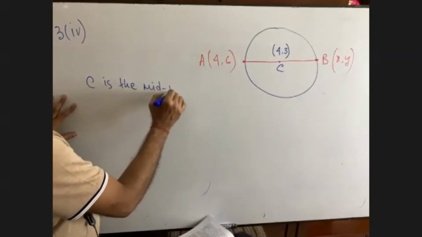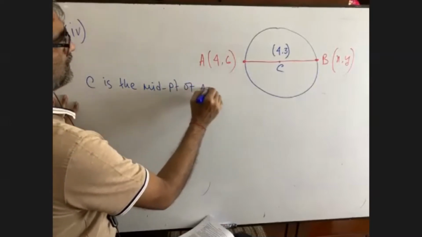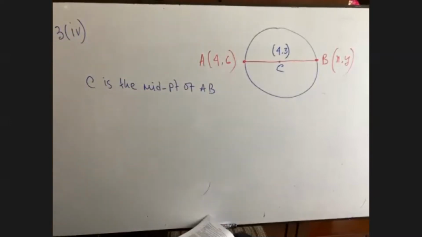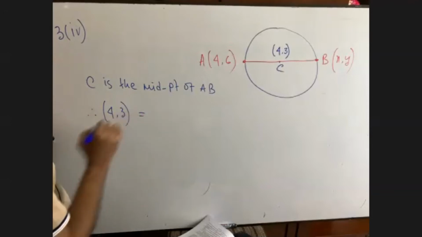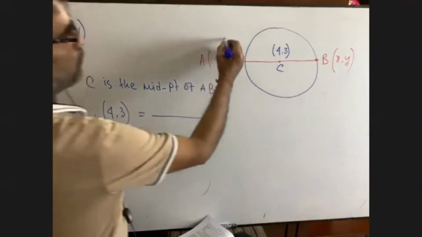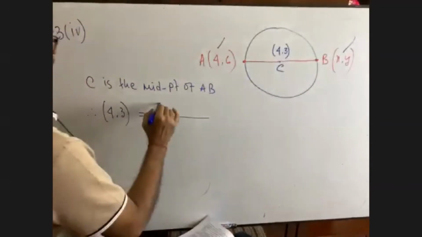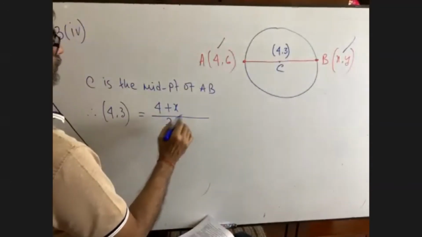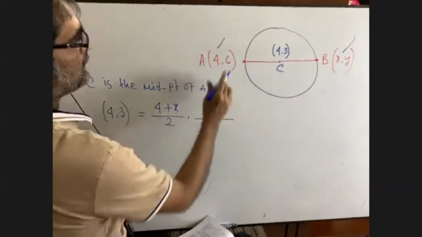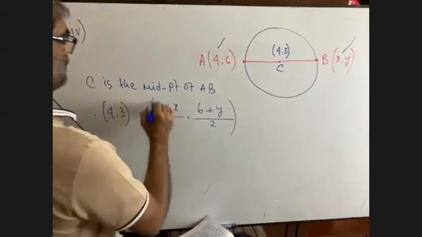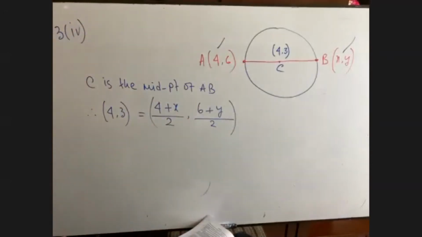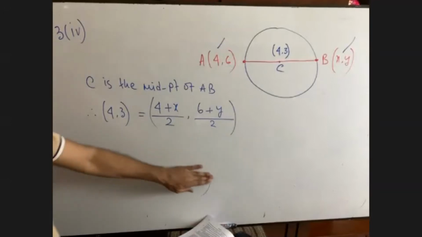C is the midpoint of AB. Am I right? That means we can write 4, 3, the midpoint, is equal to 4 plus x by 2, comma 6 plus y by 2. Now from this equation, can we find the value of x and y?